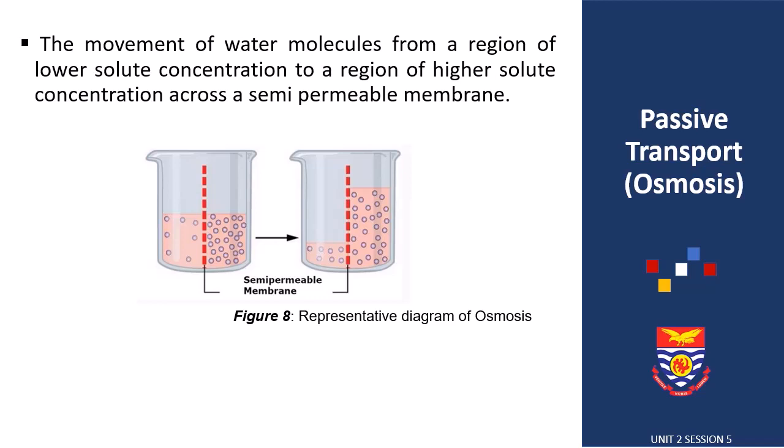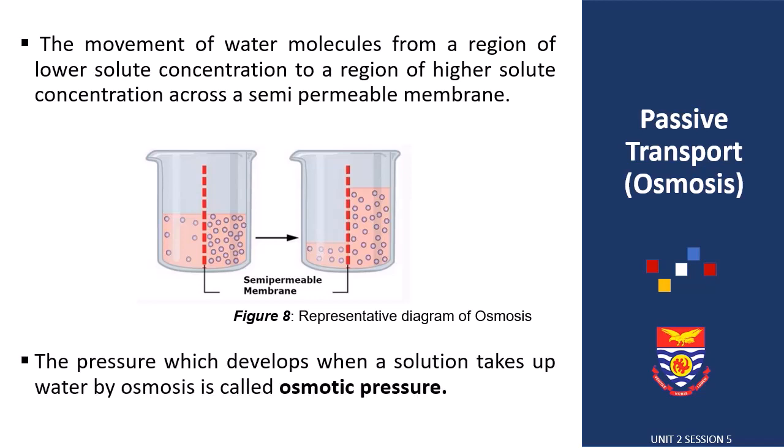So water moves from the lower solute concentrated region to the higher solute concentrated region, and that's seen in the second beaker, whereby the solutions found on each side of the semi-permeable membrane have attained the same concentration.